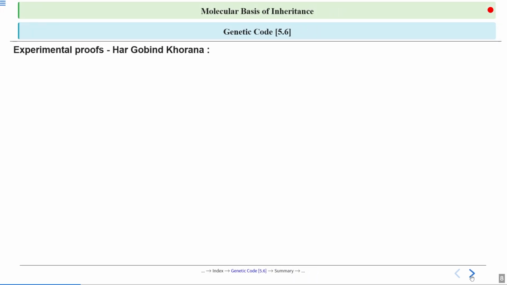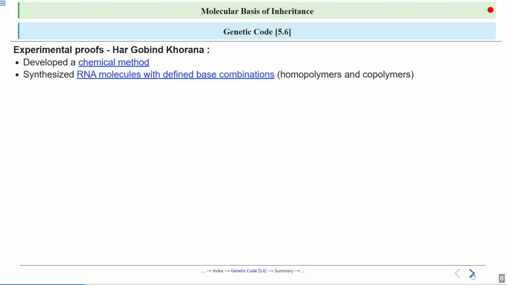Then experimental proof came. Who gave the experimental proof? It is Hargobind Khurana. He developed a chemical method. He synthesized RNA molecules with defined base combinations, that is homopolymers and copolymers.